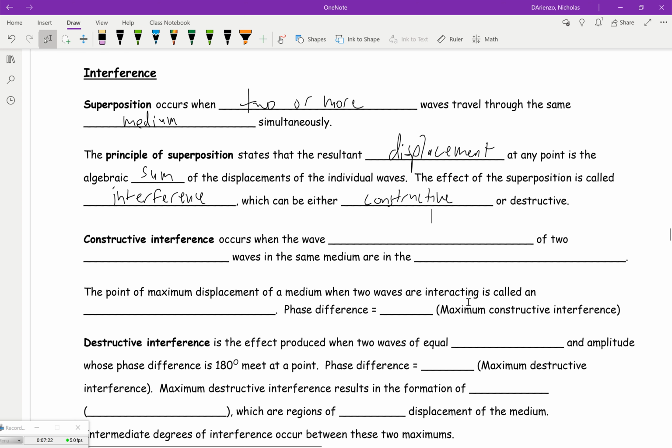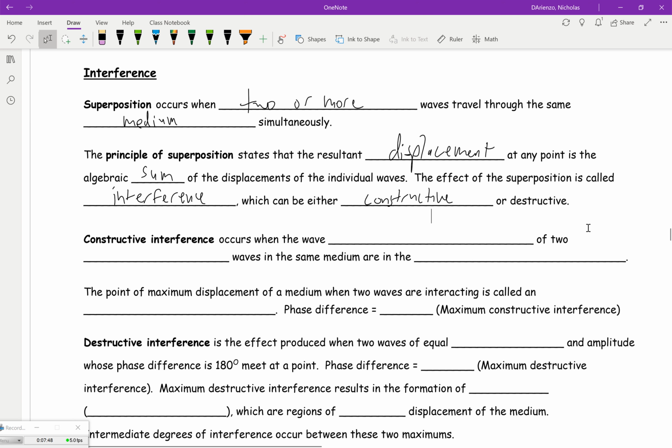And basically what this means is that when waves combine with each other, they're going to affect each other in some way, and they're either going to combine in a positive way or combine in a negative way to adjust the frequency of the wave. It's also going to adjust the amplitude of the wave depending on how they interact.